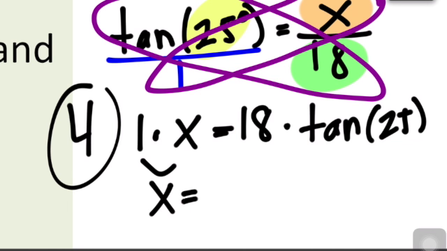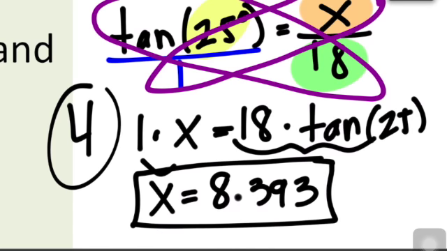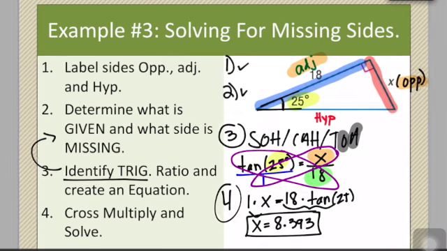Now we have to do a little bit of calculator work. I posted some videos on how to multiply trig functions using your calculator, so it's up to you which calculator you use. I'm using the TI-30X we had in class. I just do 18 times the tangent of 25, and I get 8.393. And there we go, now we found the missing side.